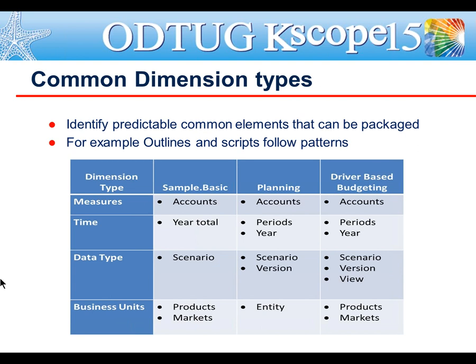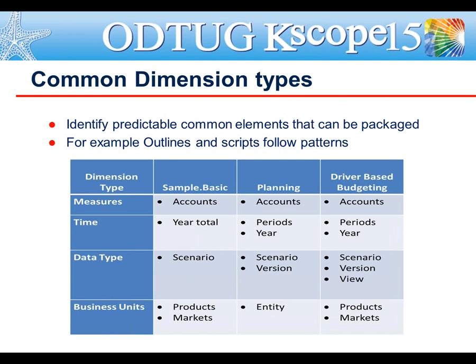Now, in the driver-based budgeting example, I've added one more dimension. That's the view dimension. Some people call this an analytics dimension. It's generally a dimension with one stored member and then a lot of dynamic calcs for things like year-to-date and quarter-to-date and other types of transformations like thousands or percent growth.